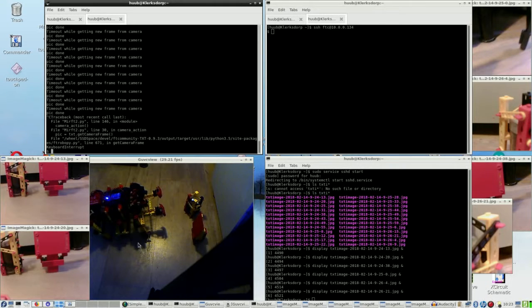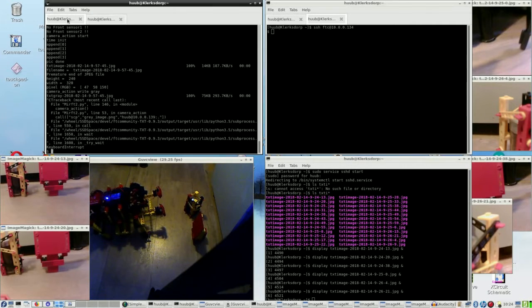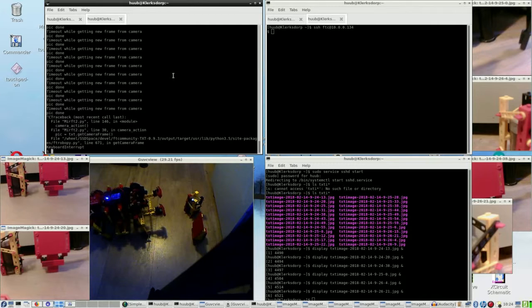Okay, so now we are in a situation that for some odd reason the robot keeps staying in this situation. As I told you, I had to log in via a new terminal here as well. This works.